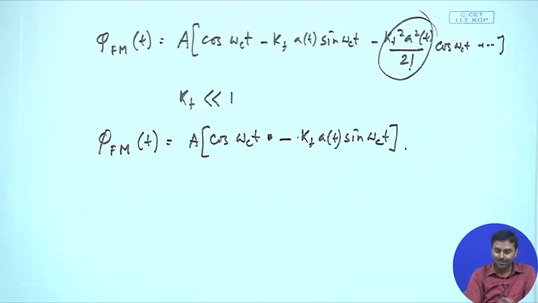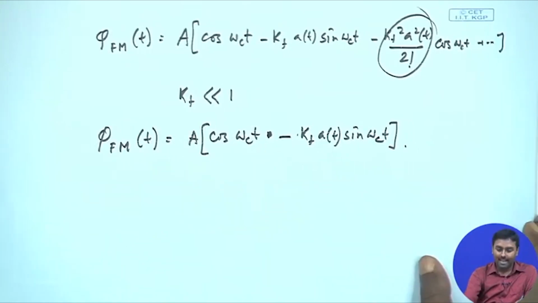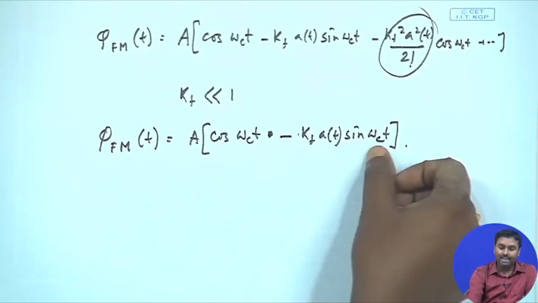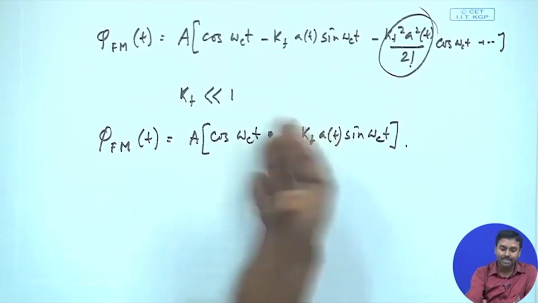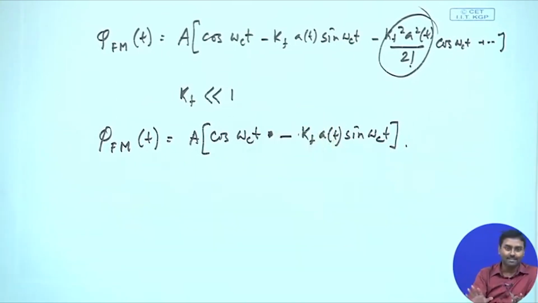Though we are calling it FM, the functionality almost looks like AM. We have a carrier term over here, and then just a(t) multiplied by sin omega c t. For AM it was cos omega c t and there was a plus sign, just that difference, otherwise it looks like AM.